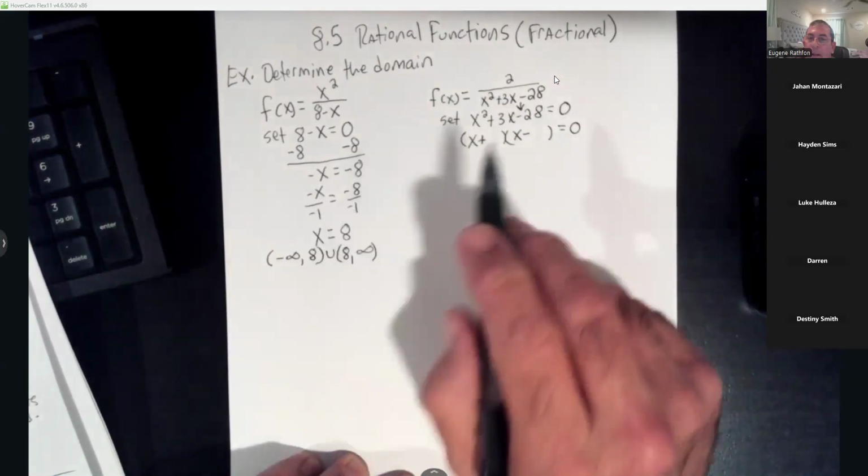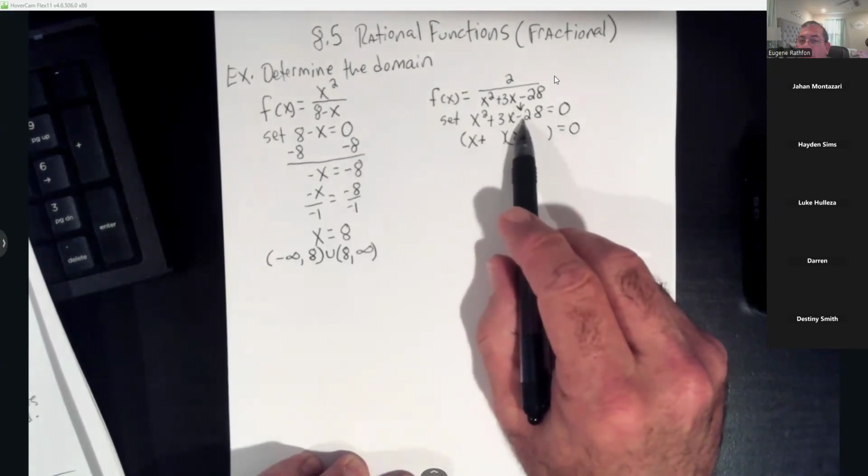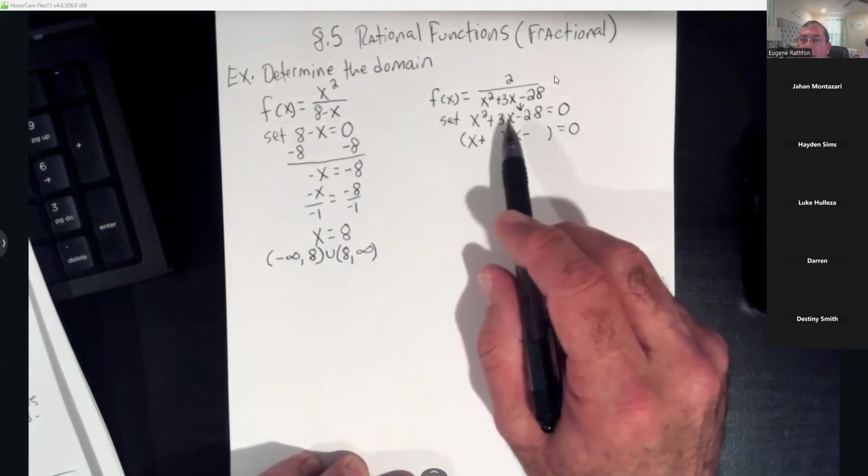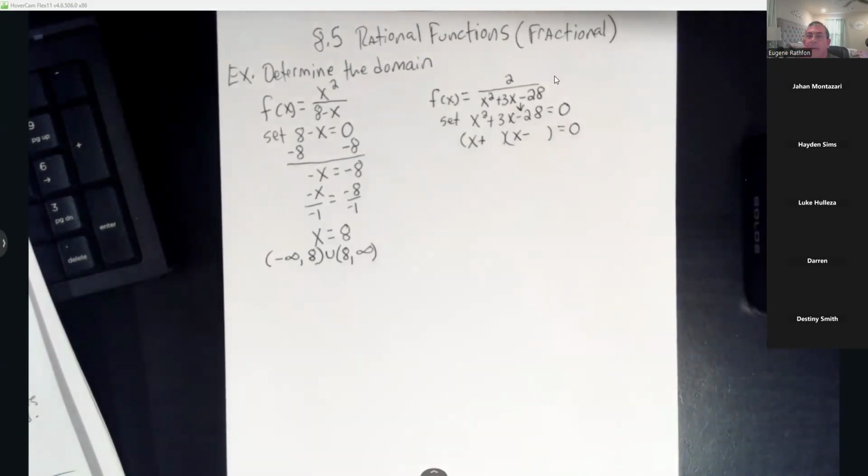Okay? Now, I'm going to find factors of 28 that subtract to give me 3. So do y'all got any factors of 28? So two numbers that multiply to equal 28, but when we subtract them, we get 3.